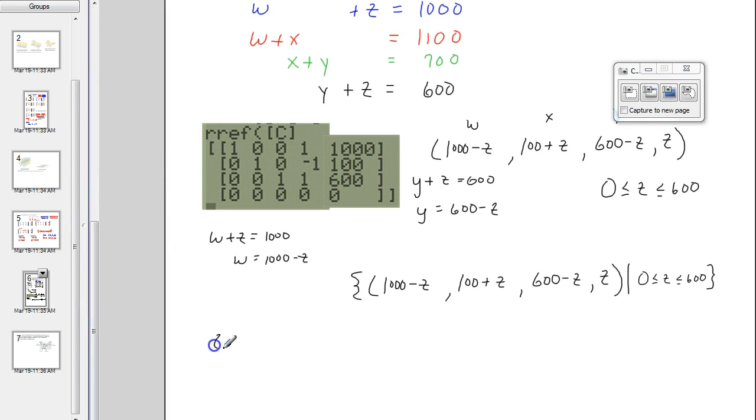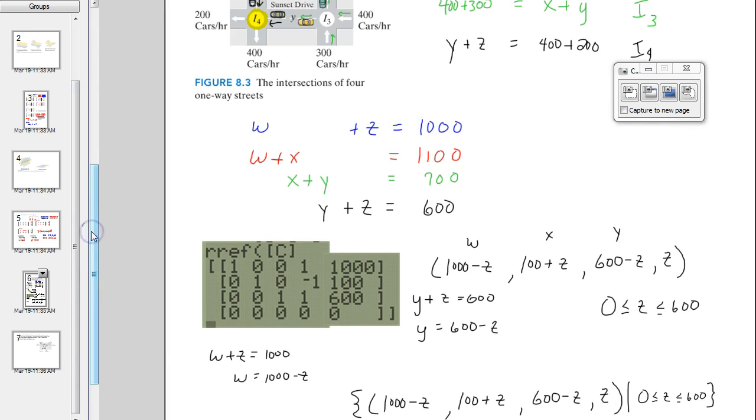So if z was equal to 200, that's fine because that's in the domain. Then 600 minus 200 would be 400. 100 plus 200 would be 300, and 1,000 minus 200 would be 800. So that's the w, x, y, z, and that's the flow rate for these different roads.